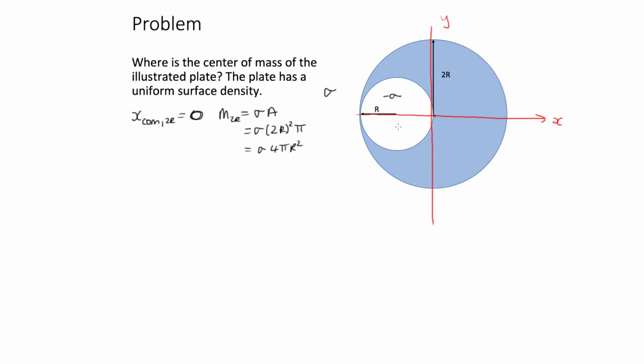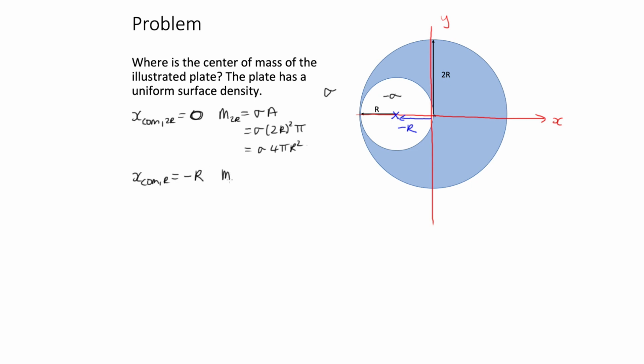Now we need to do the same thing for this little disk with the negative surface density. The x for the center of mass of the one with radius r is going to be in the middle of this disk, which is a distance r from 0. So that's actually minus r, and we'll call its location minus r.